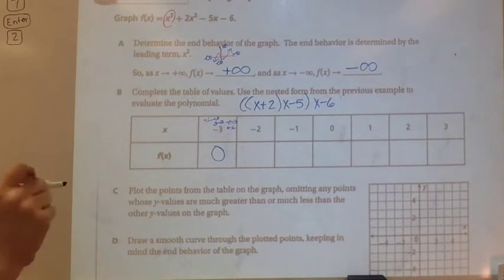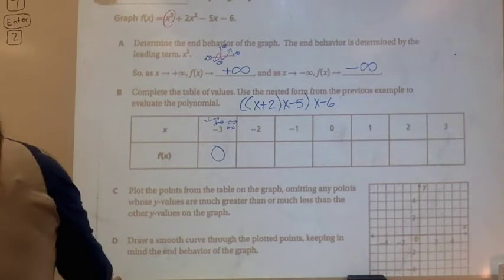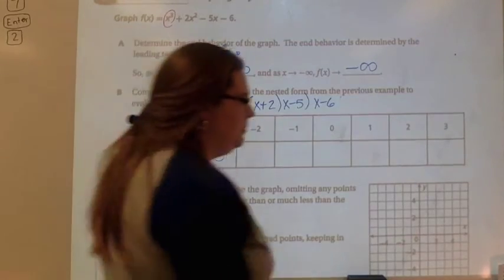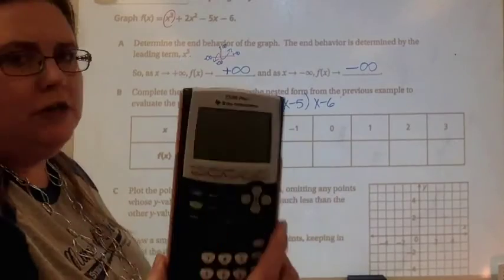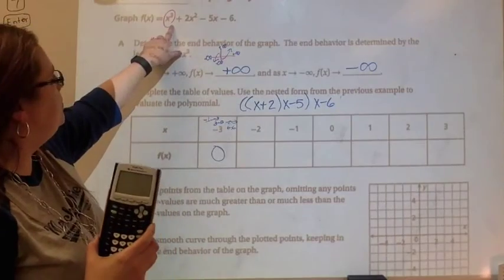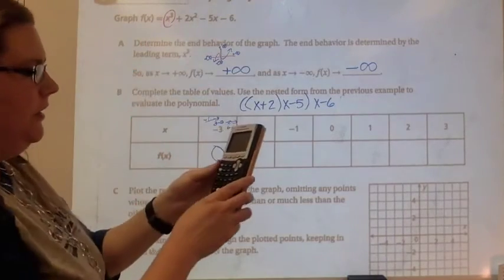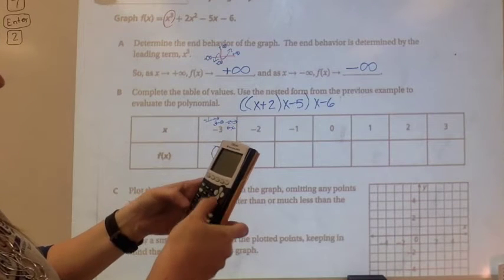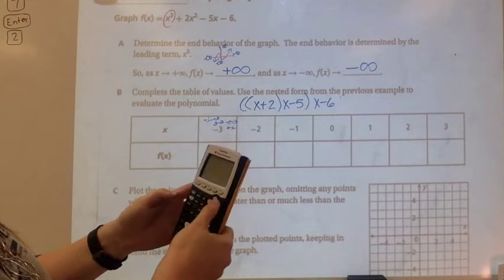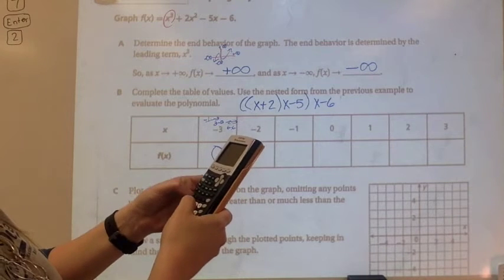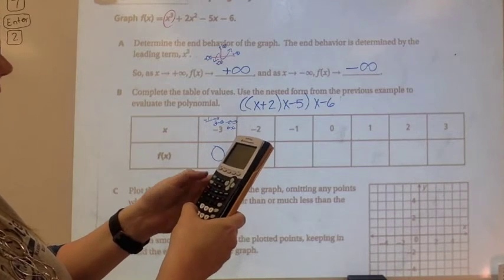Okay? Another way to do this, a little bit quicker, so I know speed is a big thing for you guys, is to go ahead and plug the equation into your calculator. You can plug this equation right here into y equals x raised to the third power plus 2x squared minus 5x minus 6. See what I'm doing?